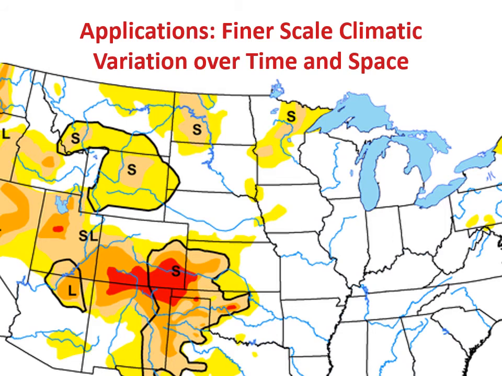We get very fine scale changes in the weather and in the climate, and they introduced the concept of the Palmer Drought Severity Index, which is used to characterize climatic variation. It's been historically used by farmers to indicate drought conditions.